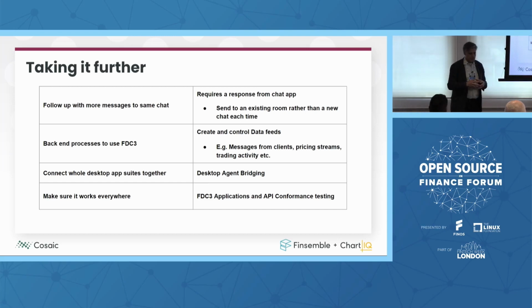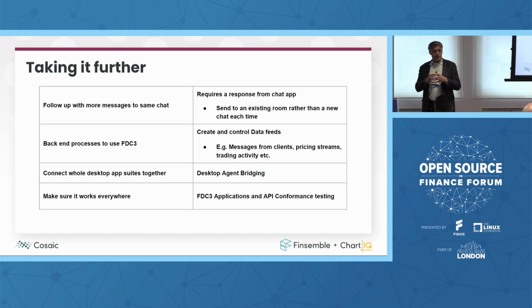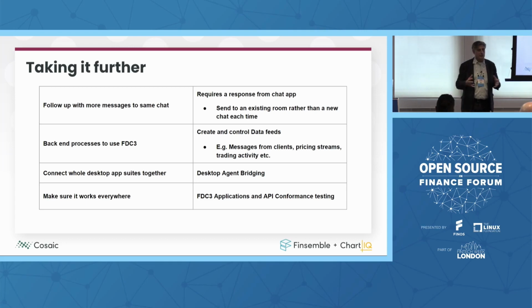And we need to make sure, Gab mentioned this in his opening this morning, we need to build out some conformance tools, right? So we need to know that when somebody raises their hand and says, yes, I built my app using FDC3, what did they actually do?